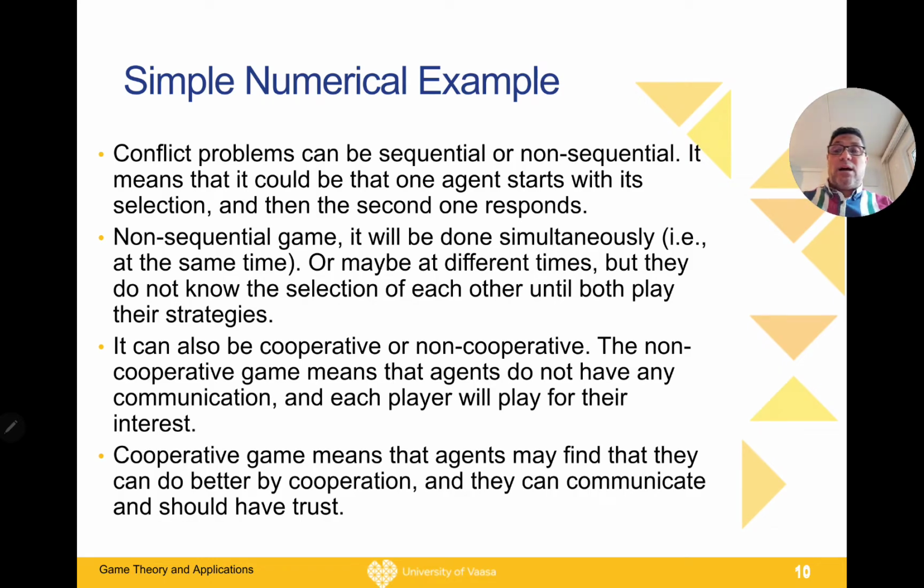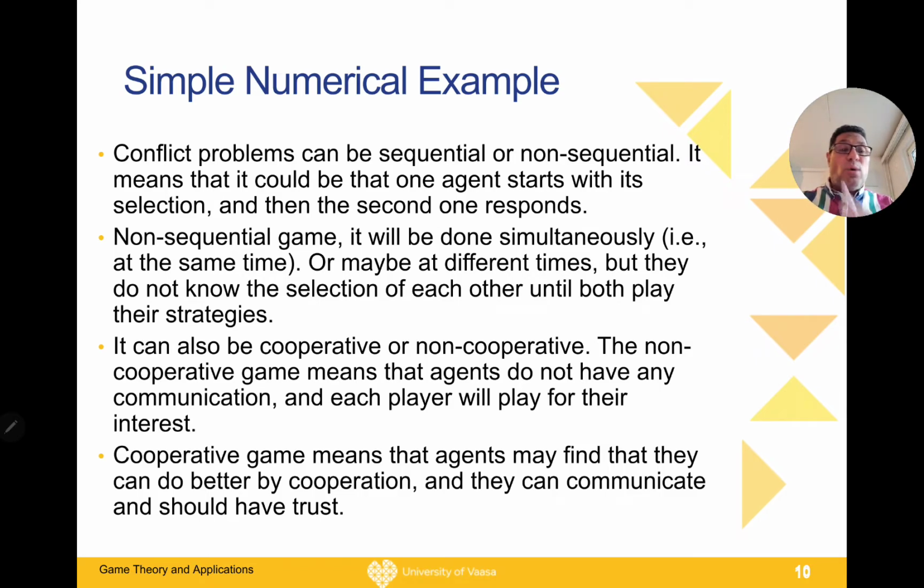Or maybe there are two countries, and one country might take a decision based on the action of another country. Or maybe in your work environment, you might take some action based on your boss's decision about something. So it can be sequential.